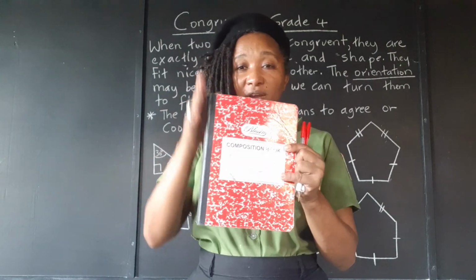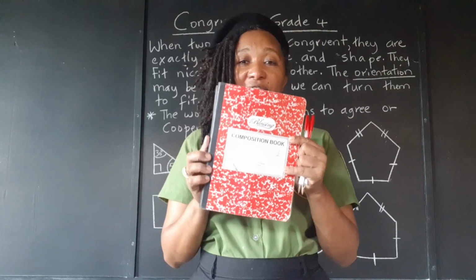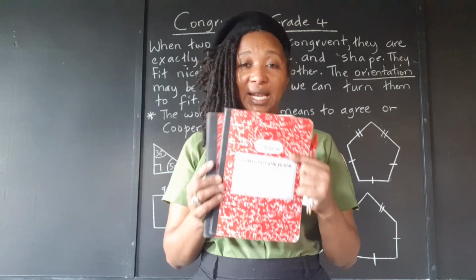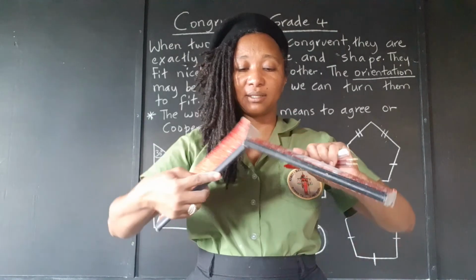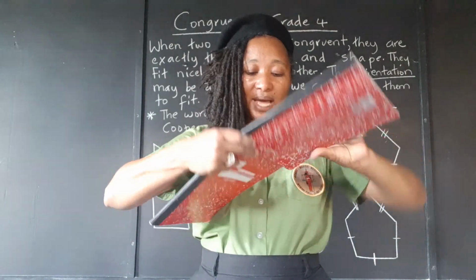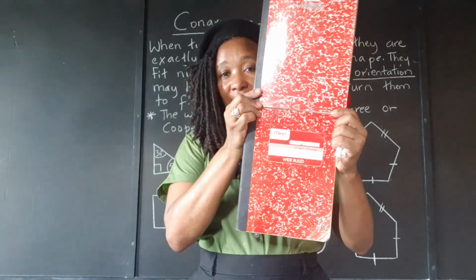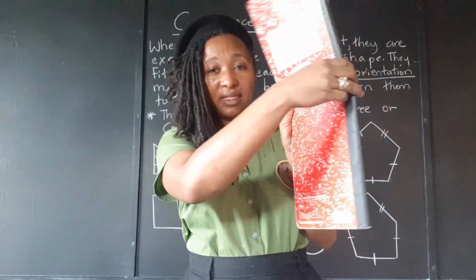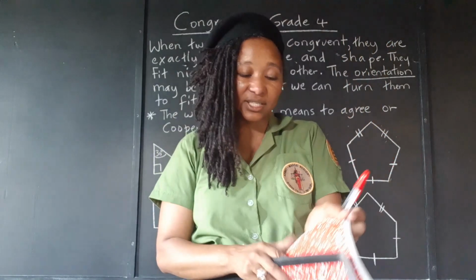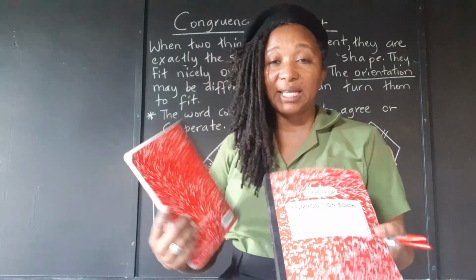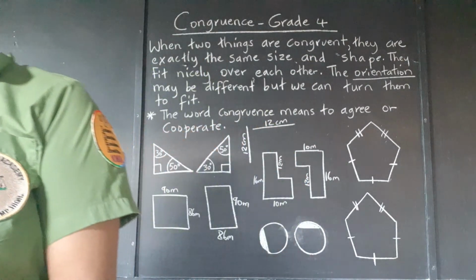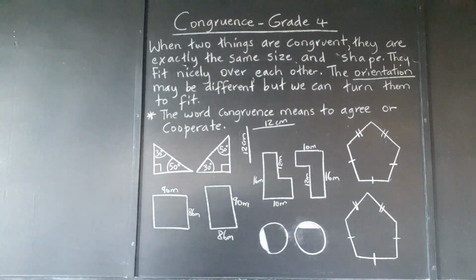Nothing comes up here or there. They fit exactly over each other, both in length and width, and if I put them like this, see, they are the same width in terms of how many pages there are. So these books are congruent, the pens are congruent, and the sticks of chalk are congruent.